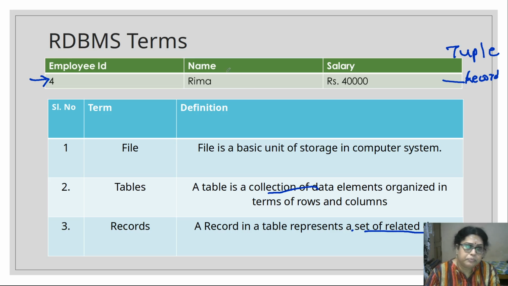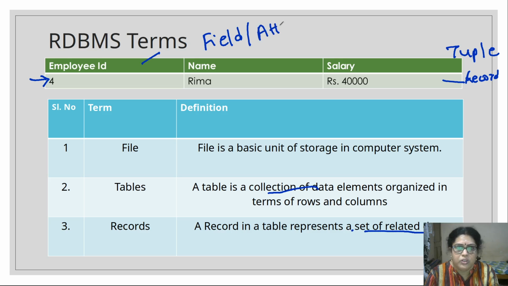Now you have these headers, these headings here. These headers are nothing but the properties, the attributes of this particular employee: the employee ID, the name, the salary, etc. The column headings are known as either a field or an attribute.